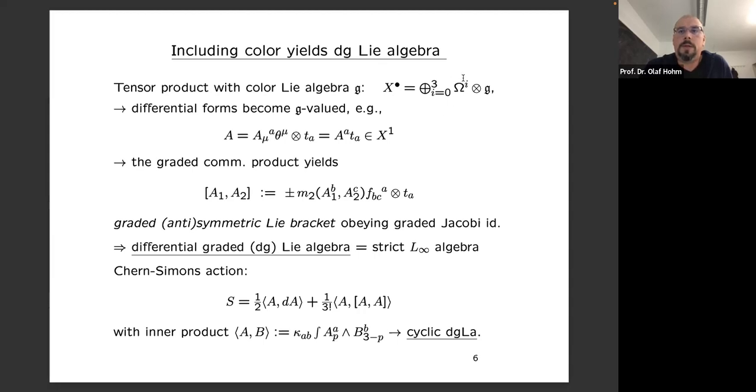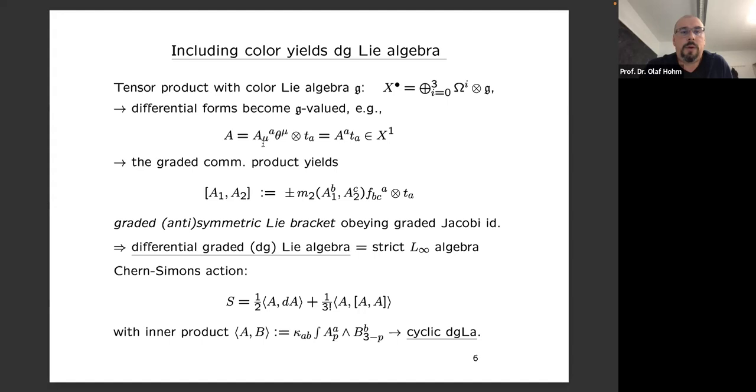So we tensor the total space we had before with the Lie algebra G. So I have this chain of vector spaces here, where each space is the space of forms tensored with the Lie algebra G. And that just means in practice that the differential forms become G-valued. So if you expand the one form, for instance, I have now this expansion here.